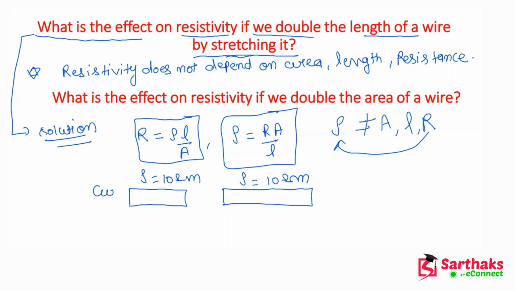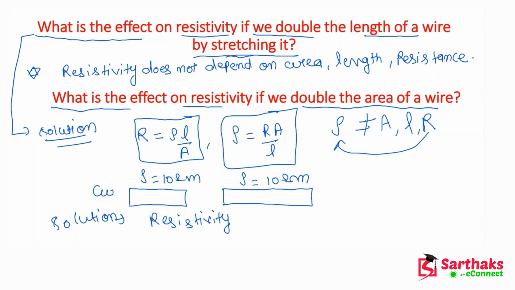This question is saying, what is the effect on resistivity if we double the area of a wire? So this is again the same type of question, and our answer will be the same: resistivity will remain the same even in this case.